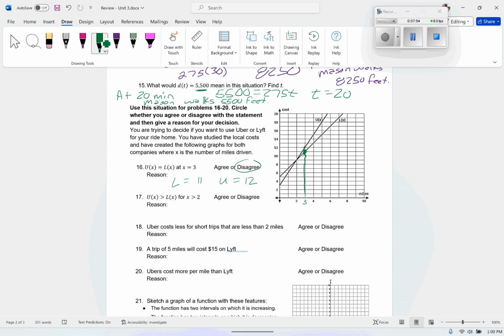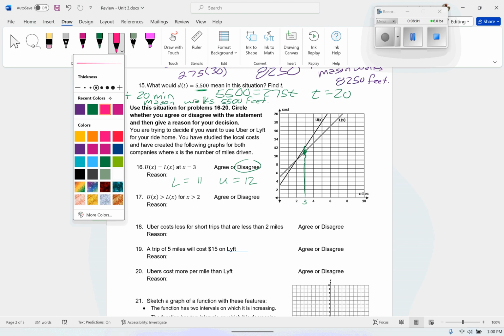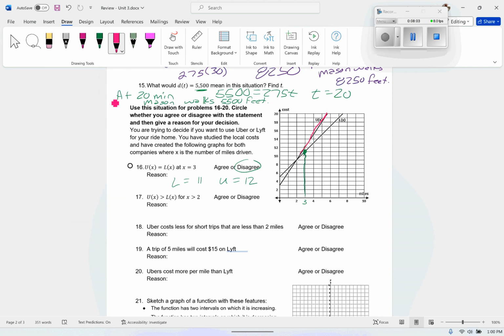Then we want the Uber is greater than the Lyft. So you're talking about a portion of the graph which is above. So this portion right here is above the graph. So they're saying at 2. Well, that's where they cross. Is Uber above that line? I agree. You can say that the Uber is above the Lyft after 2.